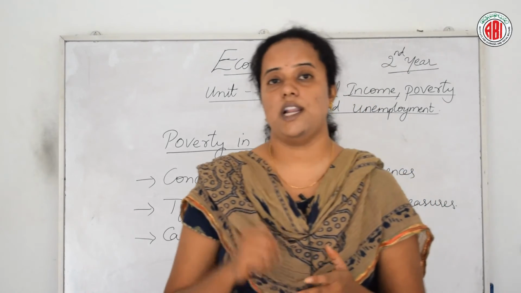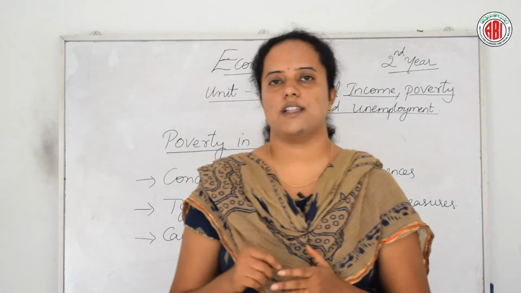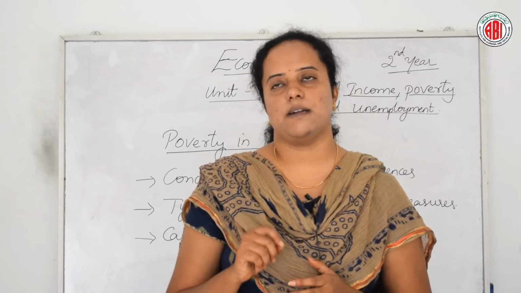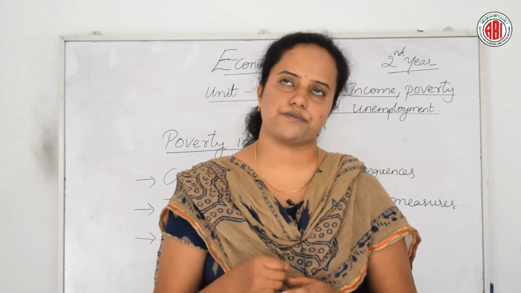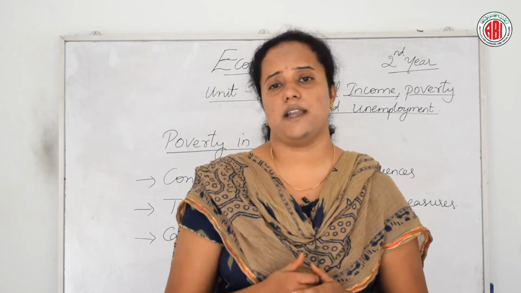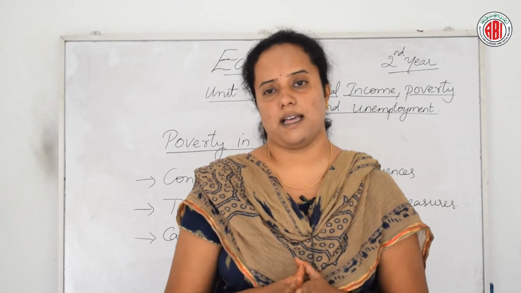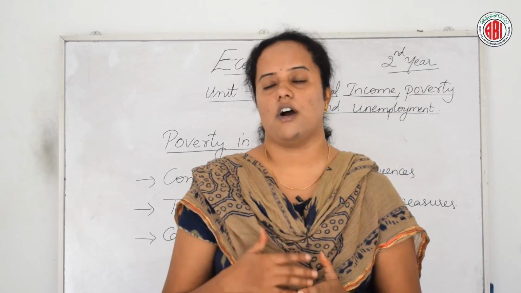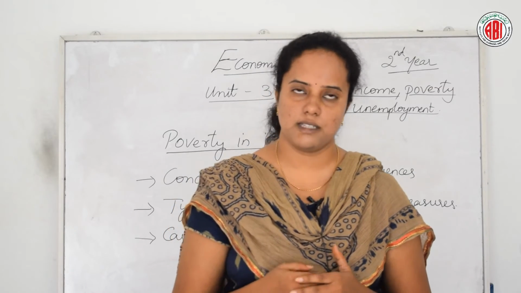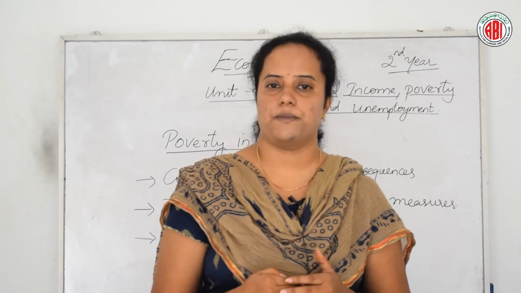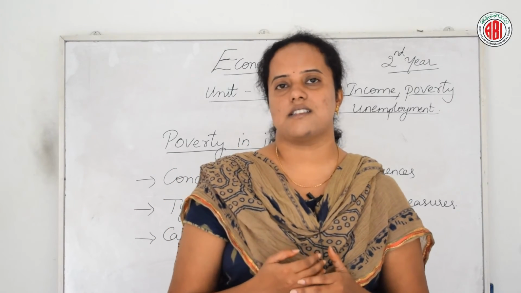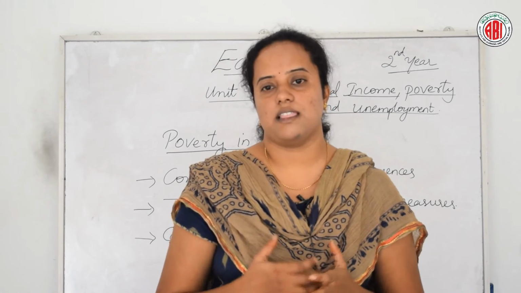And relative poverty. According to the relative standard, the income distribution of the population in different groups is estimated, and levels of living are compared from top to bottom, along with the percentages of how people are living in that society.